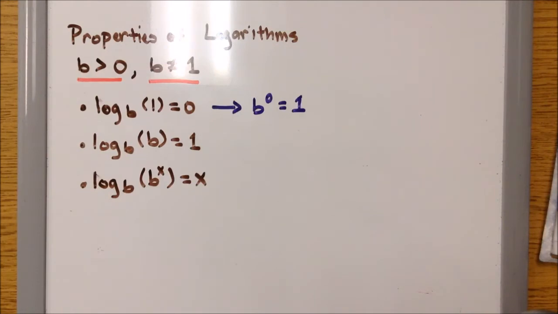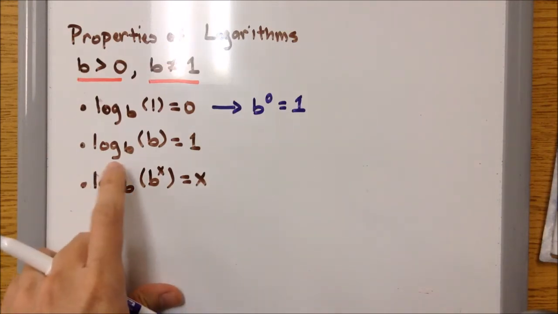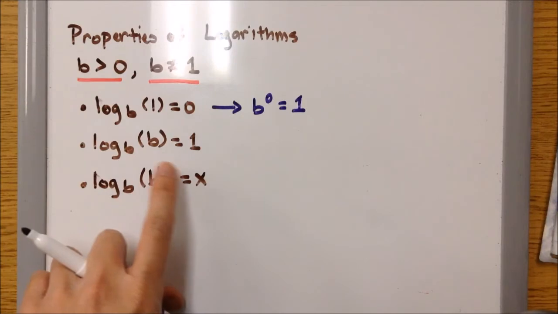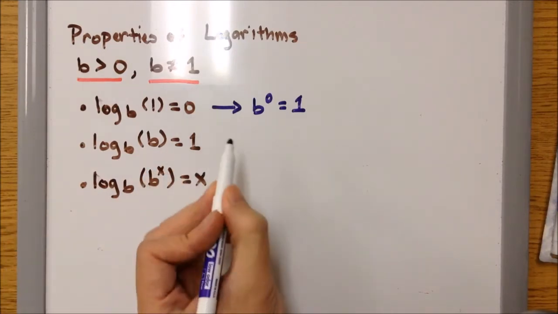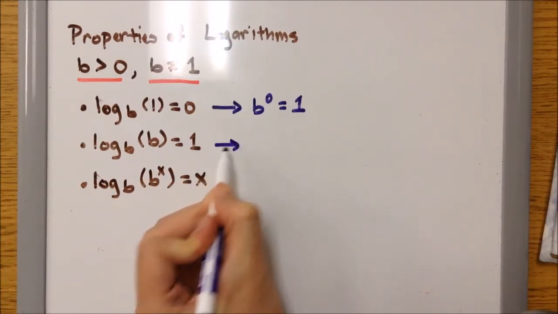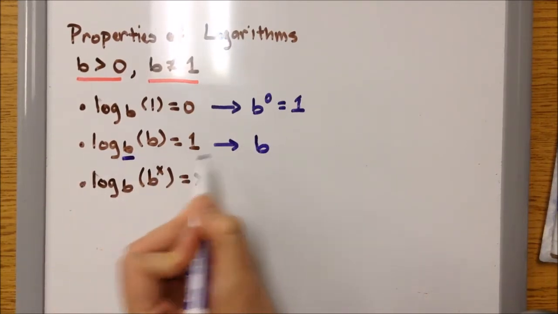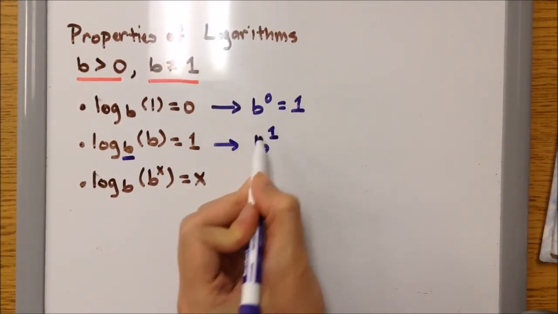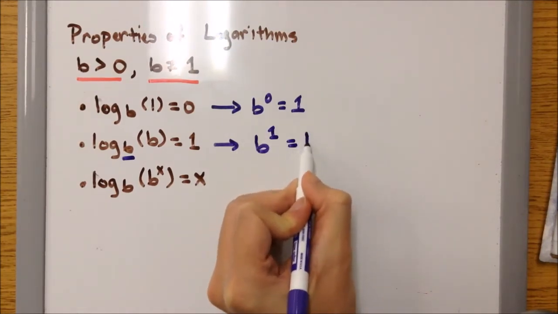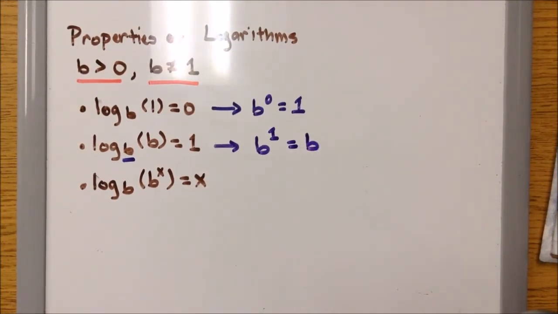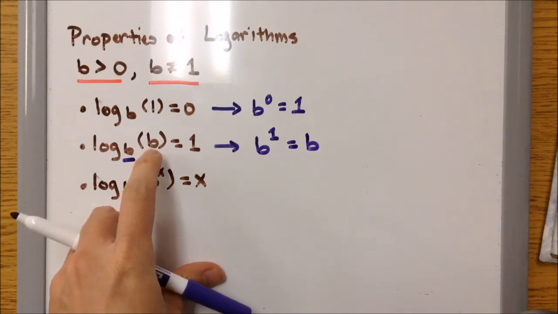Now, our second property, log base b of b equals 1. And the reason is, if I write that in exponential form, b to the power of 1 will equal b. So pretty much the same as over here.